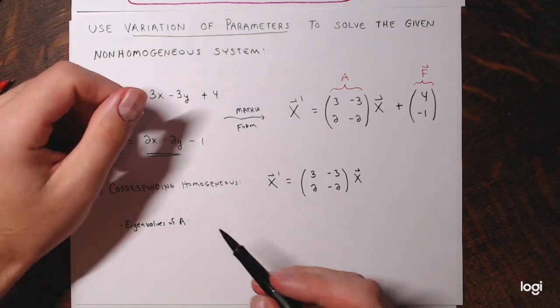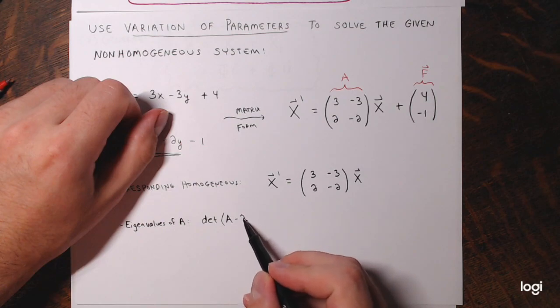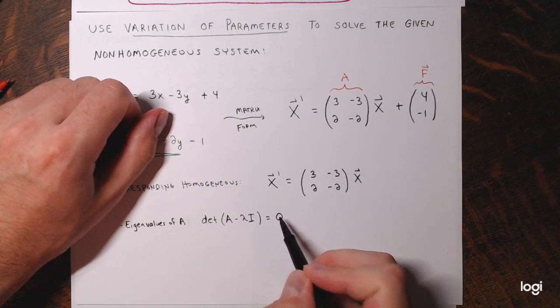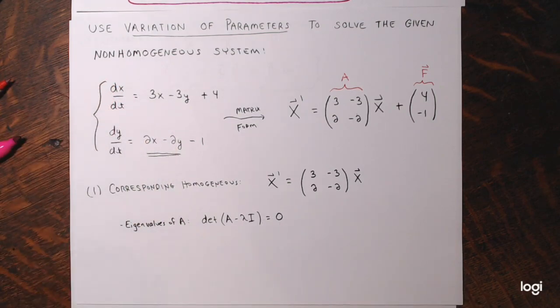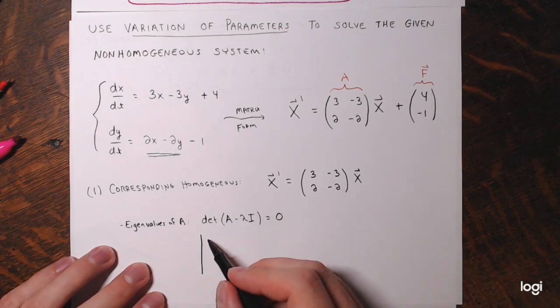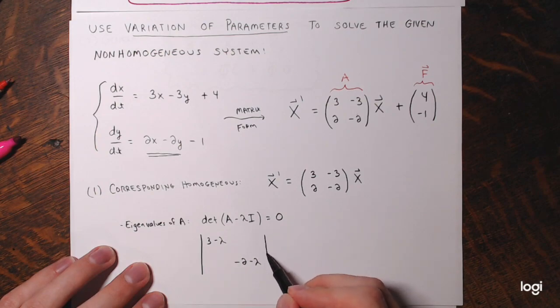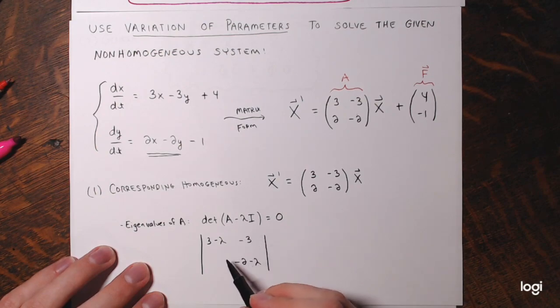So that's where I'm solving this equation. When is the determinant of A minus lambda I equal to 0? And each of my examples is going to just have 2 by 2 matrices to make this go by a little faster. So A minus lambda I, I'm just subtracting lambda down the main diagonal, and then everything else stays the same, -3 and 2 there.